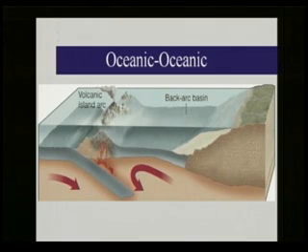Here is an oceanic convergent plate boundary. The subduction complex, that accretionary wedge, is formed from sediments scraped off the subducting plate in the subduction process, and also sediments from weathering of the island will end up in the subduction complex. There we go, subduction complex.